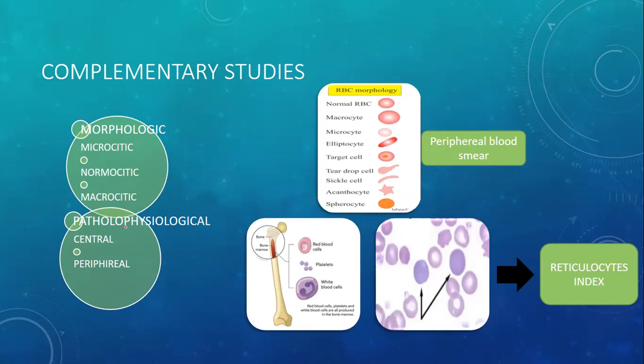So when we talk about the pathophysiological classification of anemias, we have to talk about central and peripheral anemias. You all know that red blood cells come from predecessors that are younger versions of a mature cell, right?